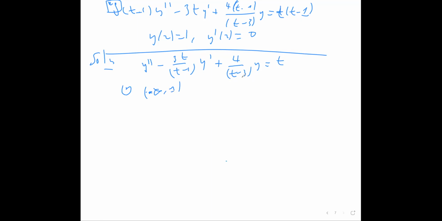Then we have another coefficient with 3, so we go from 3 to infinity, and also between 1 and 3. This is the domain of the coefficients. That means the solution is undefined at t equal to 1 or t equal to 3.